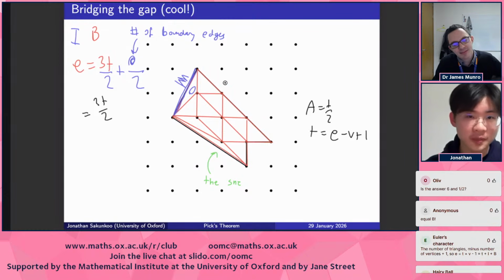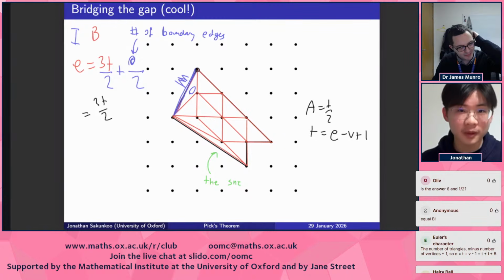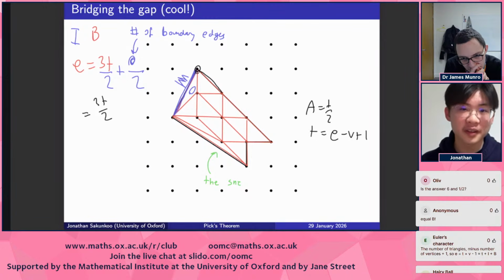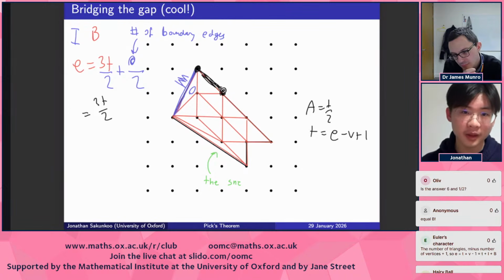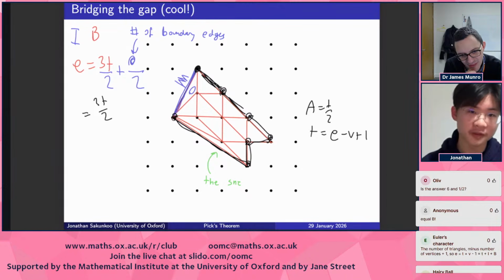Exactly. For each of these, we can map it to the clockwise point or counterclockwise, it doesn't matter. For this boundary point, we take it to this line. We do this for all of them, and for each one there's another one. So we know that there are exactly B of these.